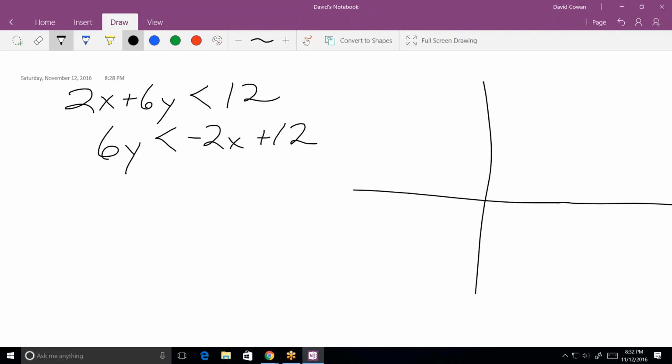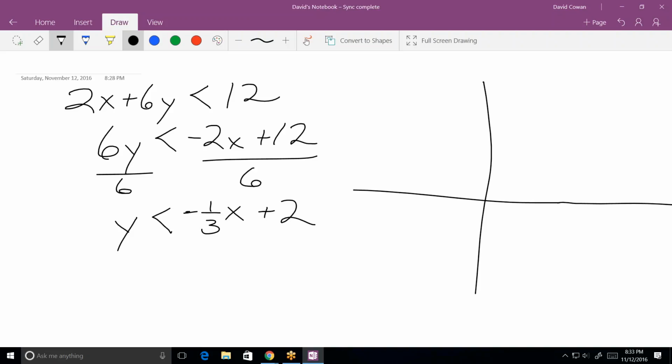Okay? Now I'm going to divide both sides by 6, and that's going to give me y is less than minus 1/3 x plus 2. Make sure you understand how I got that.